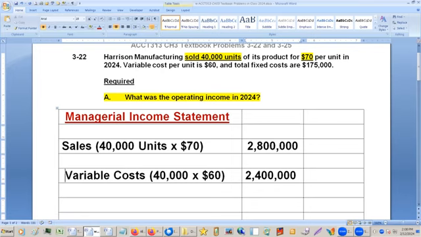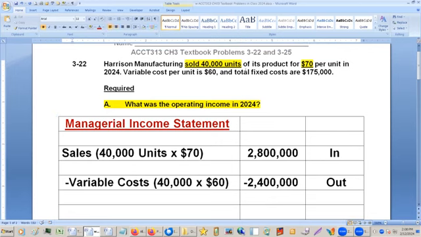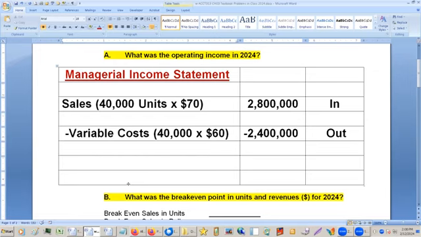And now remember, these costs are going out. This is what's coming in. These are going out. And the fixed costs are going out. Total fixed costs are 175,000. I'll put them together.